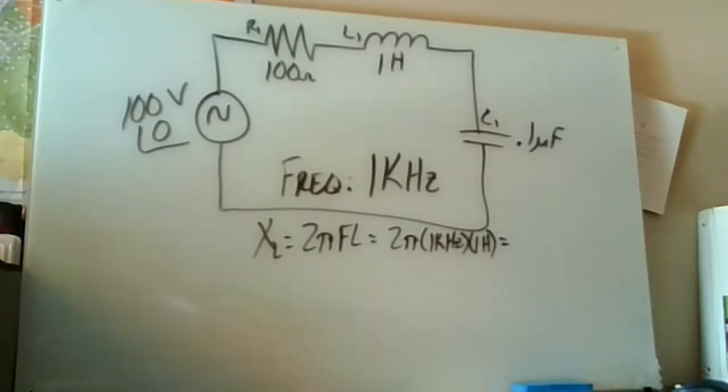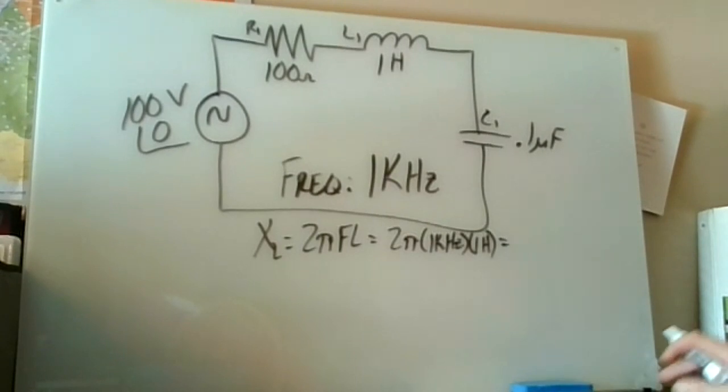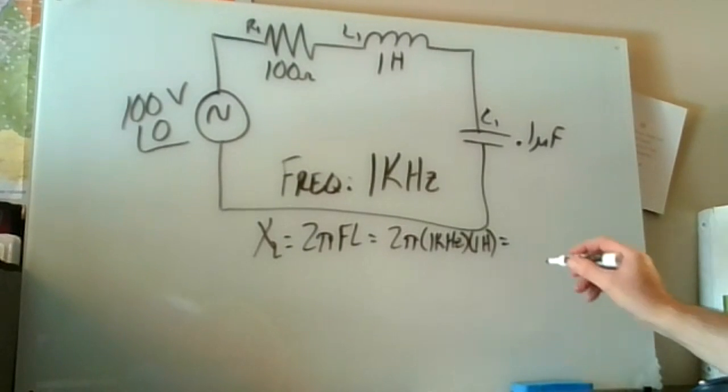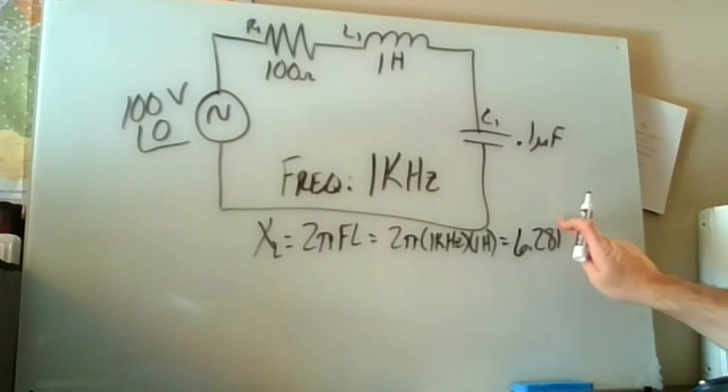Somebody compute it and tell me what you get. Come on, this is the easy one. It's all multiplication. How about 6.283K?